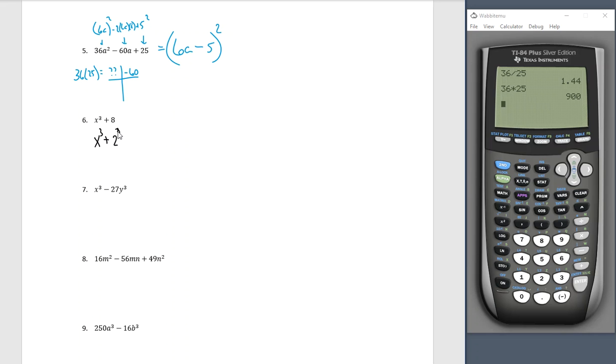So what is it that we're cubing? We're cubing x and we're cubing 2. So x and 2, those are the singles. And then we take them in pairs. X times itself, 2 times x, and 2 times 2. And then the pattern is the same, opposite, always plus.